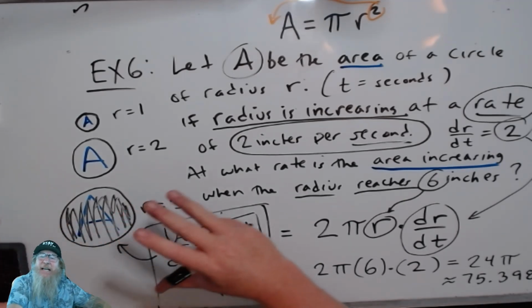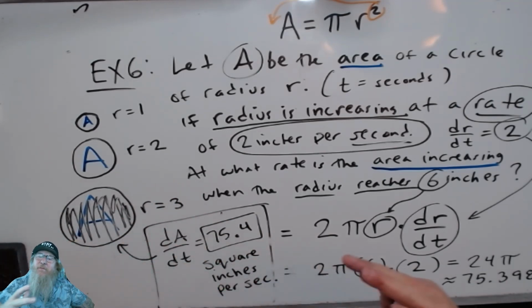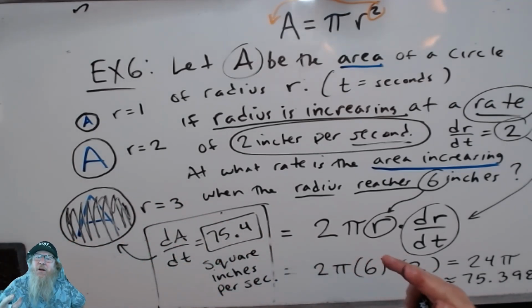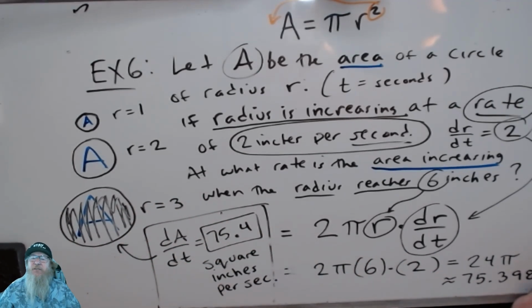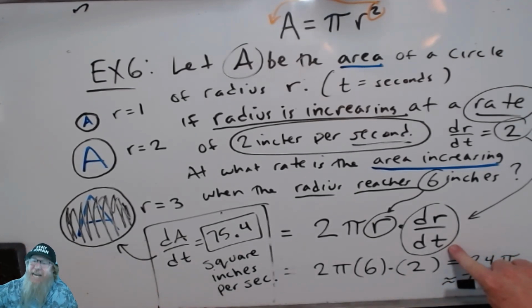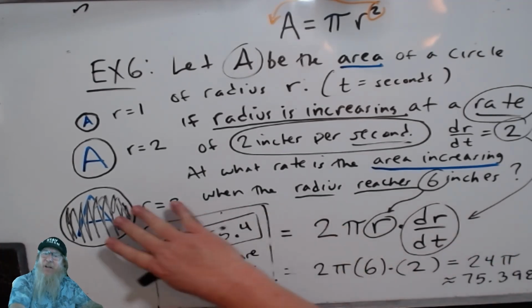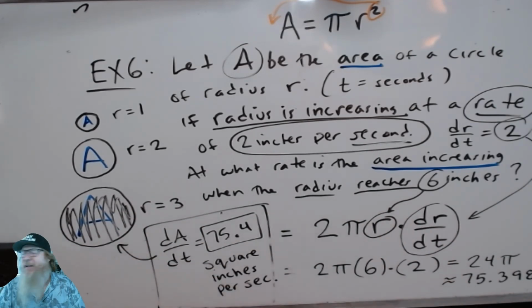So every second, there's 75 more square inches of space in that circle. Again, implicit differentiation, the very first example, the classic example is a circle, in particular the tangent line of a circle. For related rates, we're using a new variable, t. So we're measuring the rate with respect to time. And the classic example is the circle getting larger.